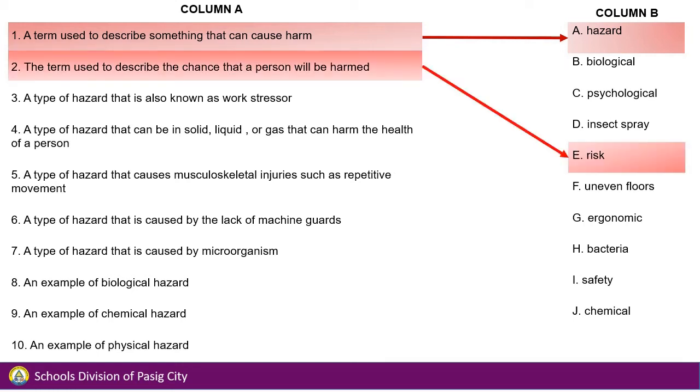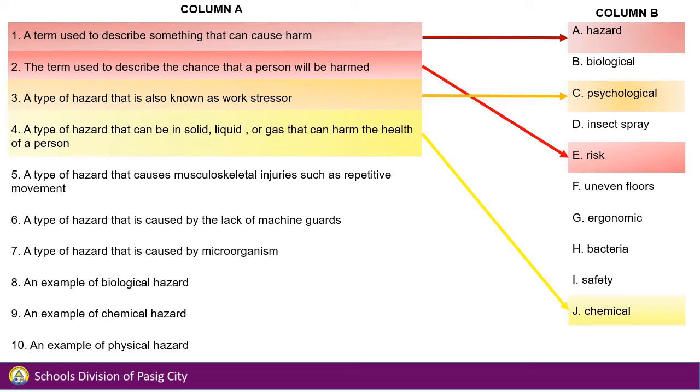E. Risk. Number 3. A type of hazard that is also known as work stressor. C. Psychological. Number 4. A type of hazard that can be in solid, liquid, or gas that can harm the health of a person. J. Chemical. Number 5.